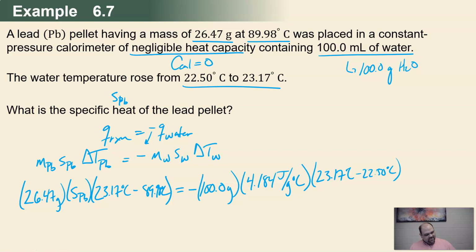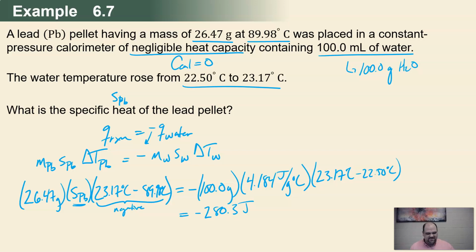All right, well now, look, I have everything except this specific heat capacity. I plug everything into my calculator. On this side, I end up with negative 280.3 joules. This delta T here, if you've already started plugging things into your calculator, ends up being negative.